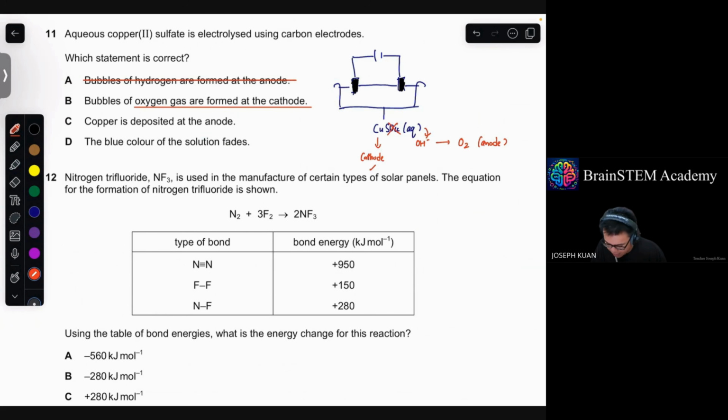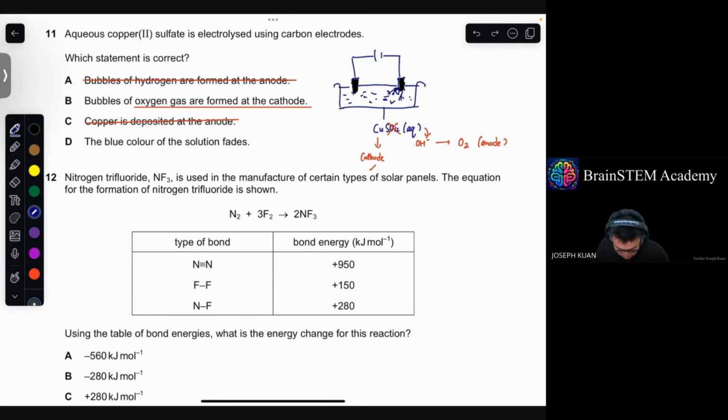So copper is deposited at the anode. That's wrong as well. The last one, the blue color of the solution fades. That's correct, because your copper 2 ions, which are blue in color originally, when they get discharged, they get deposited.